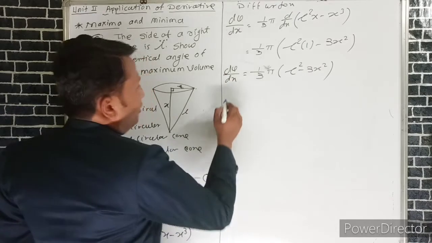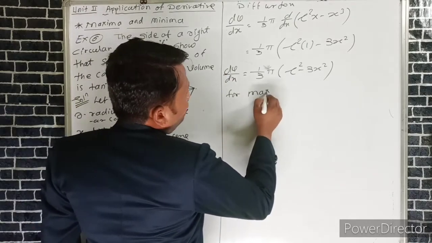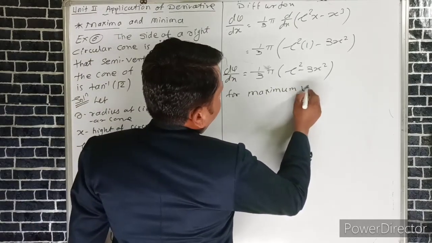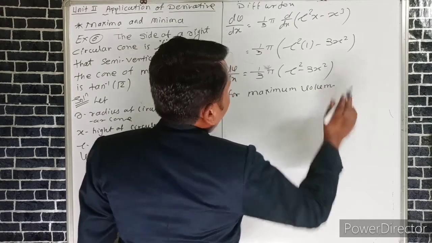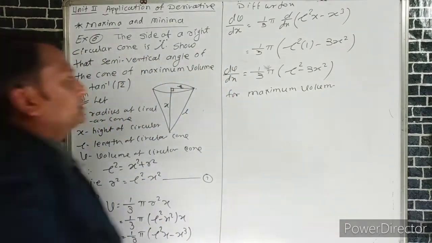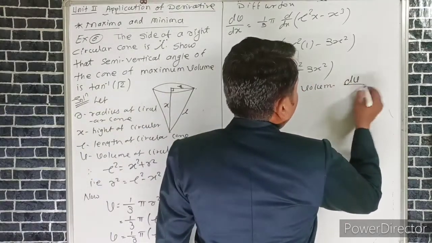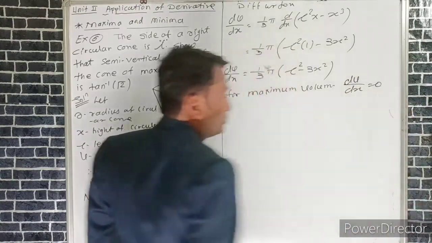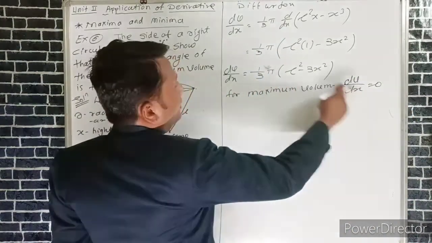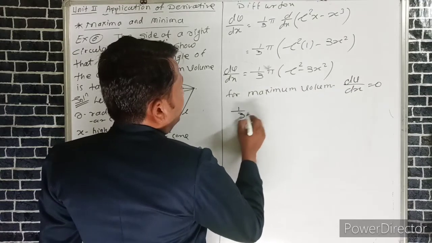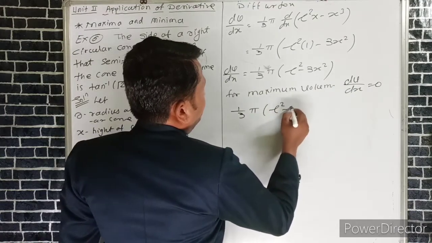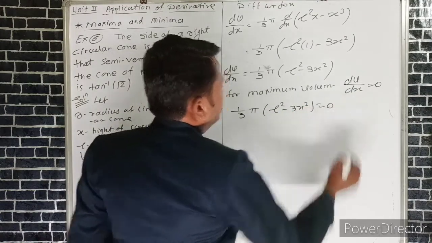For maximum volume, we set dV upon dx equal to 0. So 1 by 3 pi into L square minus 3x square is equal to 0.